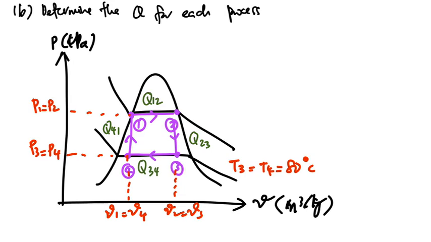So based on the process, whether it is isobaric, isochoric, isothermal, or any other constant properties, you need to derive the related heat transfer formula.